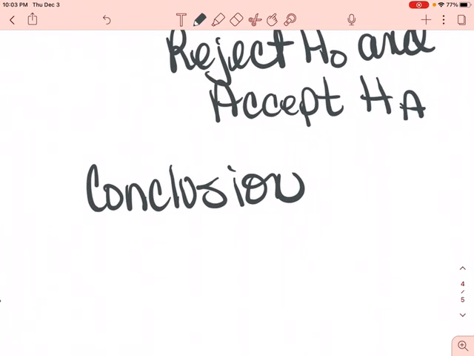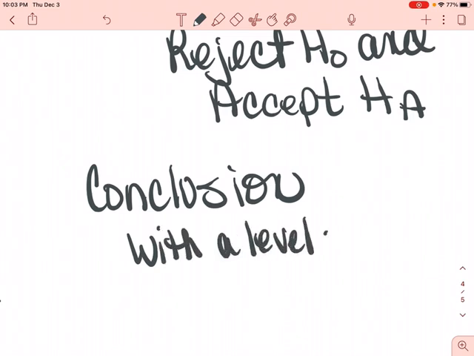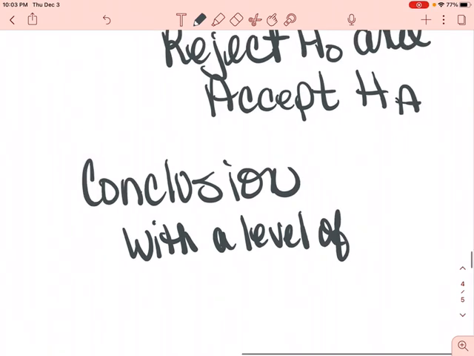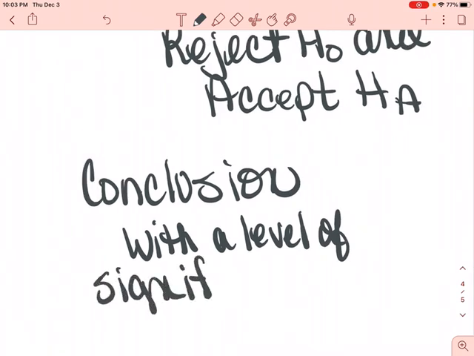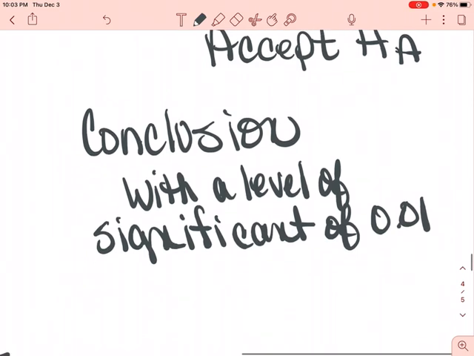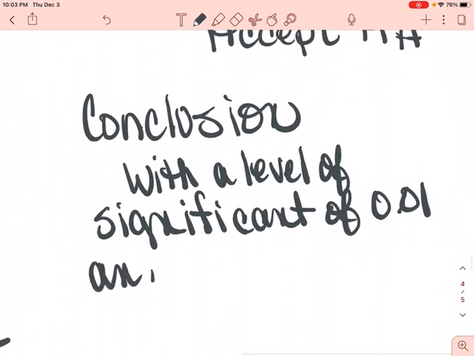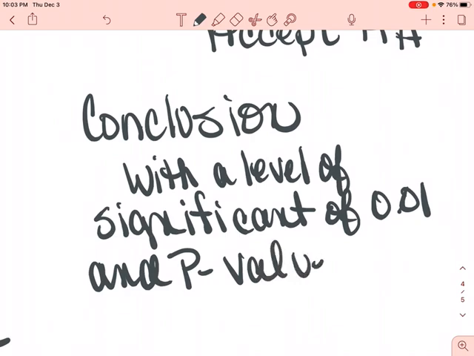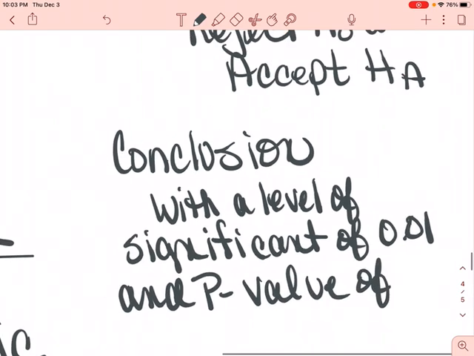with, now we're going to add things here, a level of significance, because we're going to include what we tested against, of 0.01 and a p-value of 0.0014.